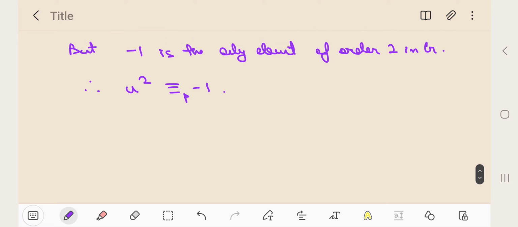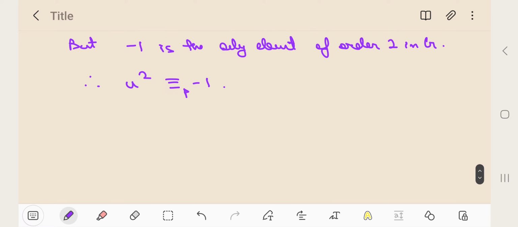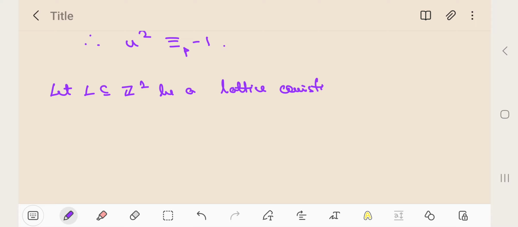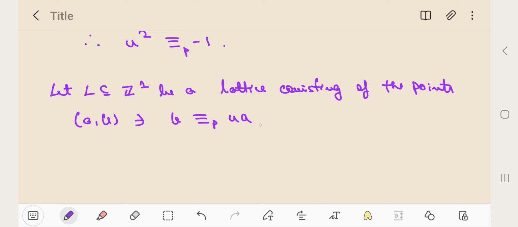We would want to construct a lattice so that we can efficiently apply Minkowski's theorem to it. To construct that lattice, let L in Z^2 be a lattice consisting of the points (a, b) such that b is congruent to u times a modulo p.